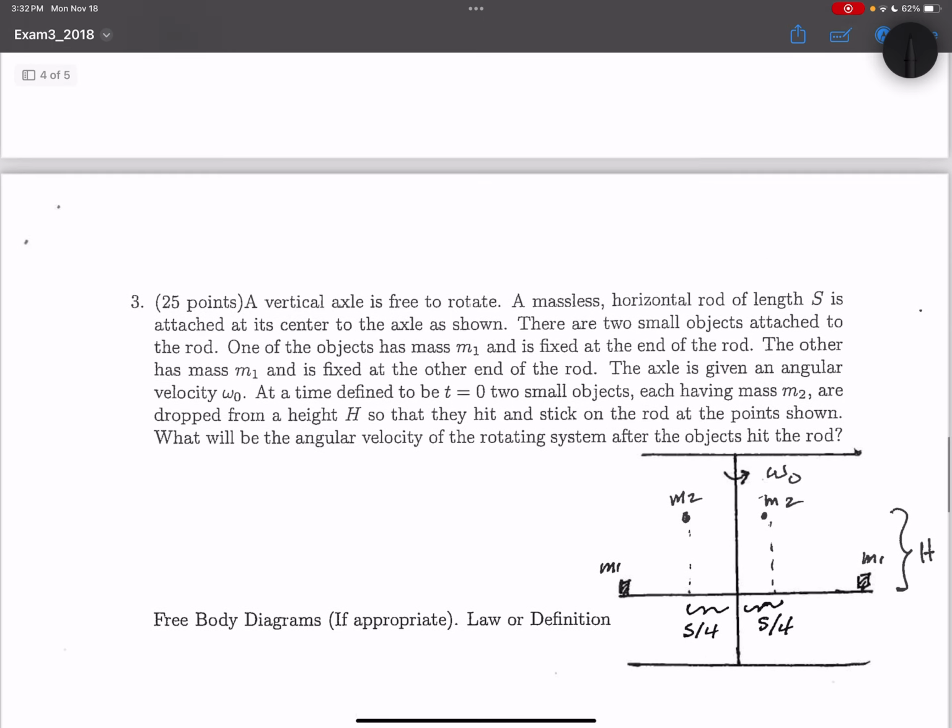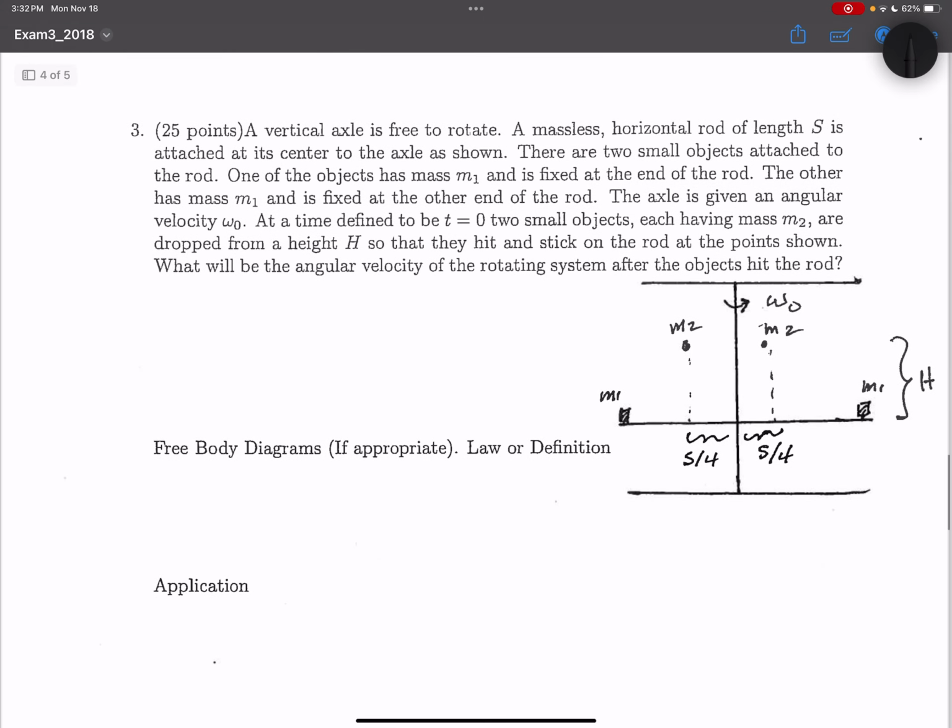Okay, cool. Next question. Okay, so a vertical axle is free to rotate. A massless horizontal rod of length s, so that's our radius, is attached at its center to the axle as shown. There are 2 small objects attached to the rod. One of the objects has mass m1 and is fixed at the end of the rod.